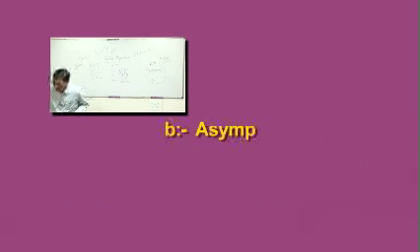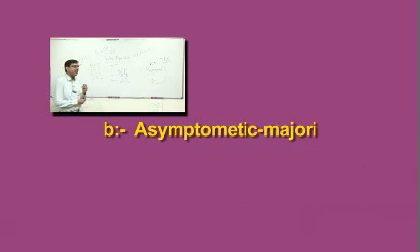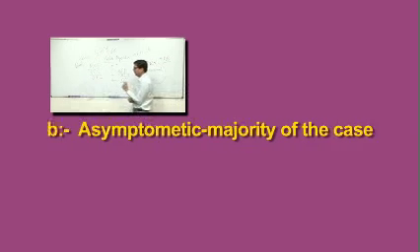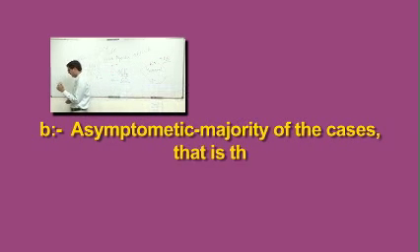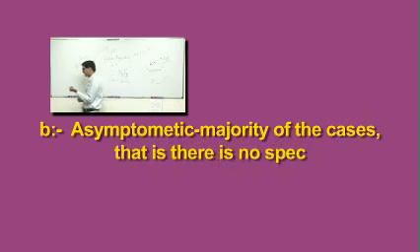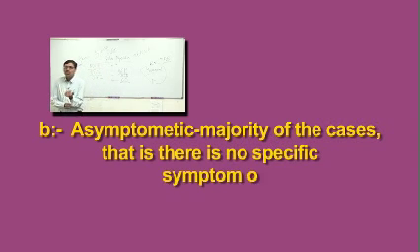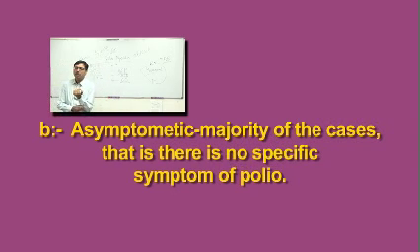Next, asymptomatic. The majority of the cases are asymptomatic, that is, there is no specific symptom of polio.